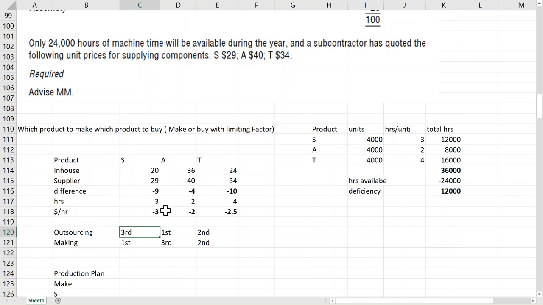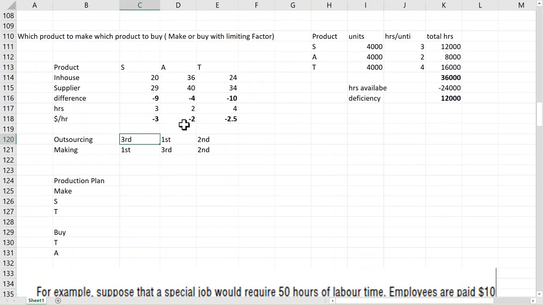So the production plan would be, first we will make product S, which is 4,000 units, and it takes 3 hours, total becomes 12,000 hours. And then T is 4,000 units. But we have to see whether that limit is crossed or not.